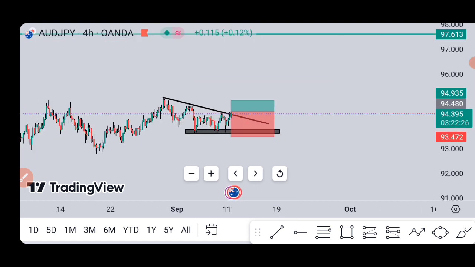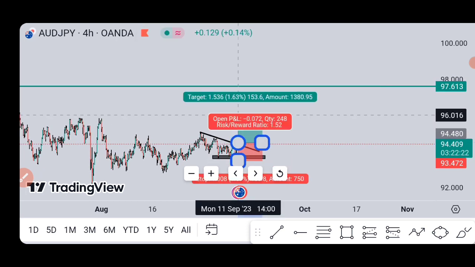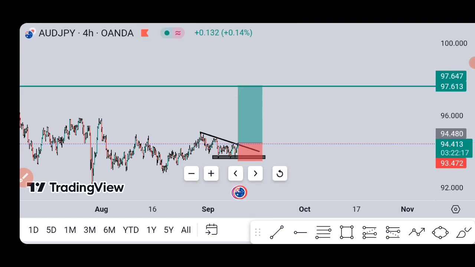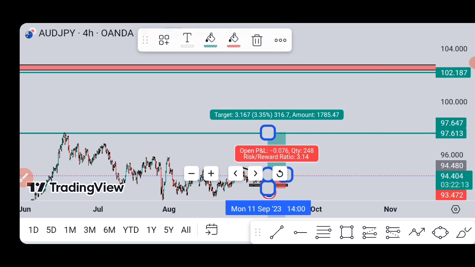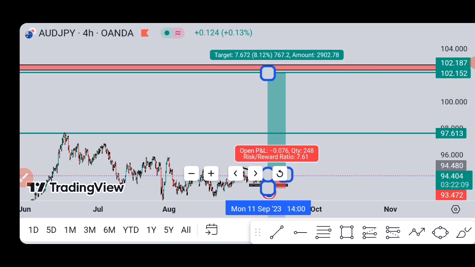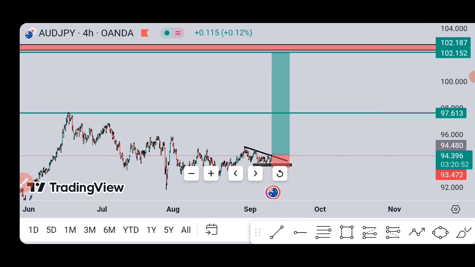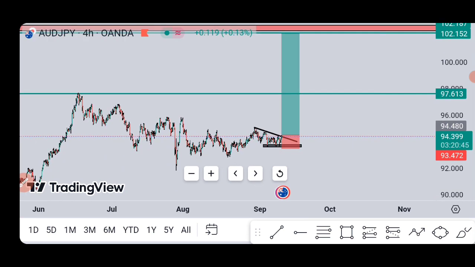Then my first target is 315 pips. Then my last target is 767 pips. So this will be my trade, because I'll get around a 4-to-1 risk to reward ratio.